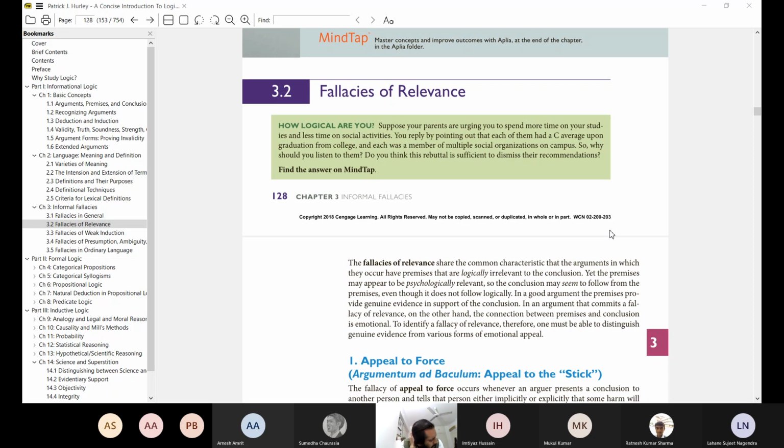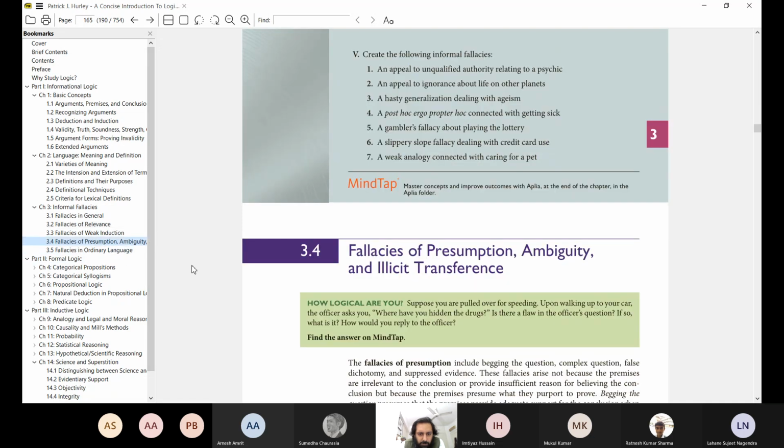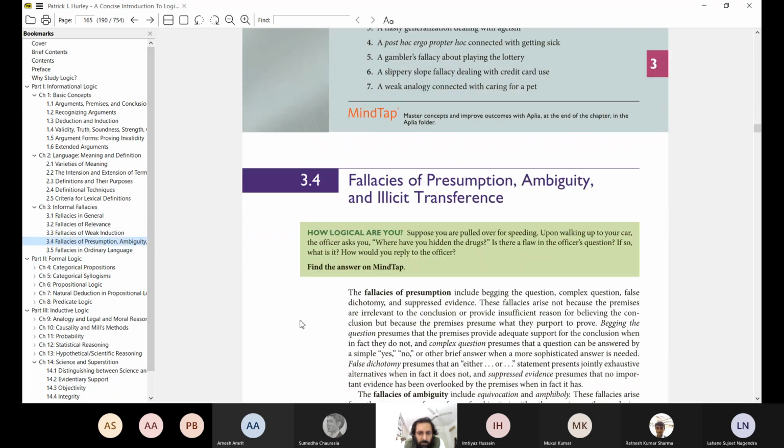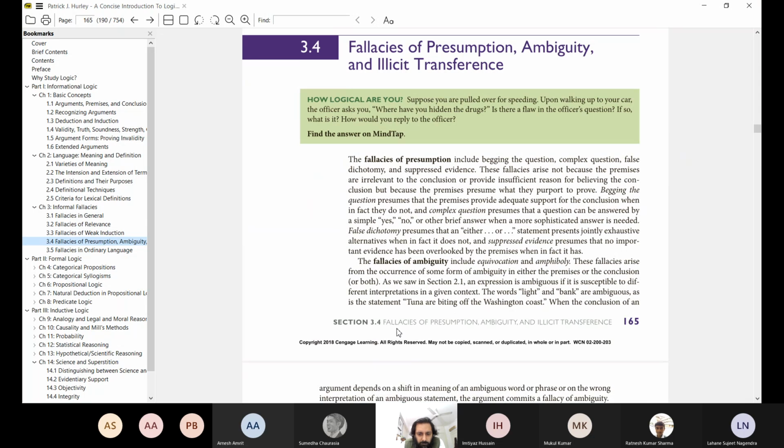Okay, so before we go on to this next set of fallacies, the fallacies of presumption, let me ask for any questions from last time, from minors, from your assignment.